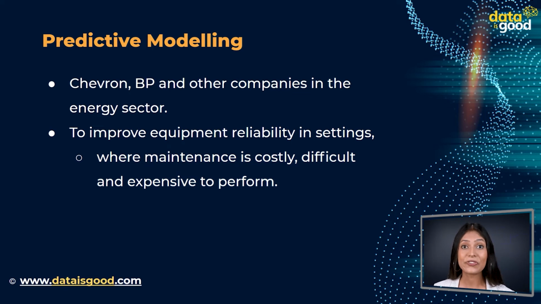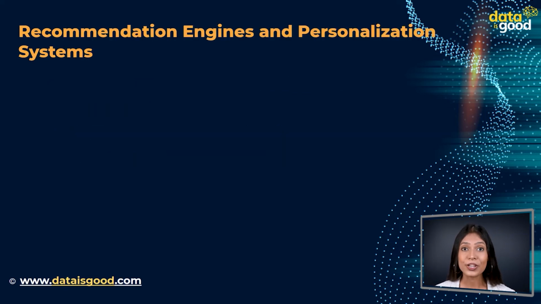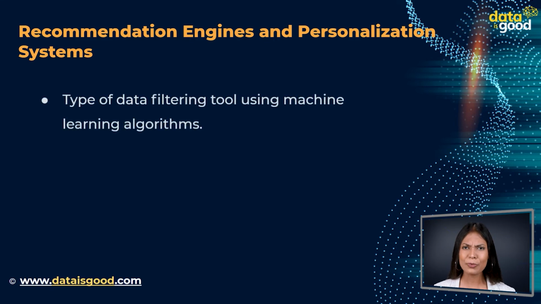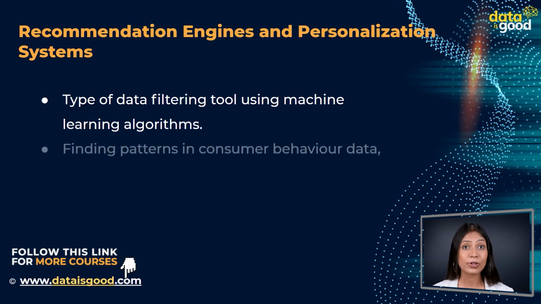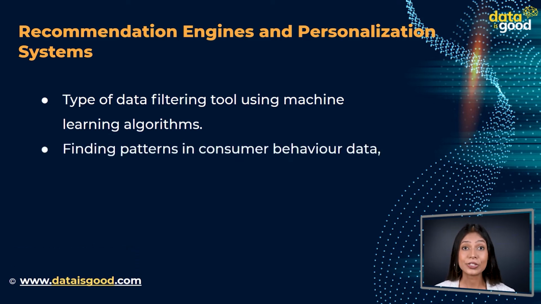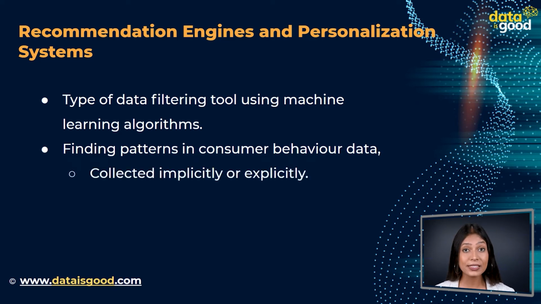Next application of data science is recommendation engines and personalization systems. A recommendation engine is a type of data filtering tool using machine learning algorithms to recommend the most relevant items to a particular user or customer. It operates on the principle of finding patterns in consumer behavior data, which can be collected implicitly or explicitly.